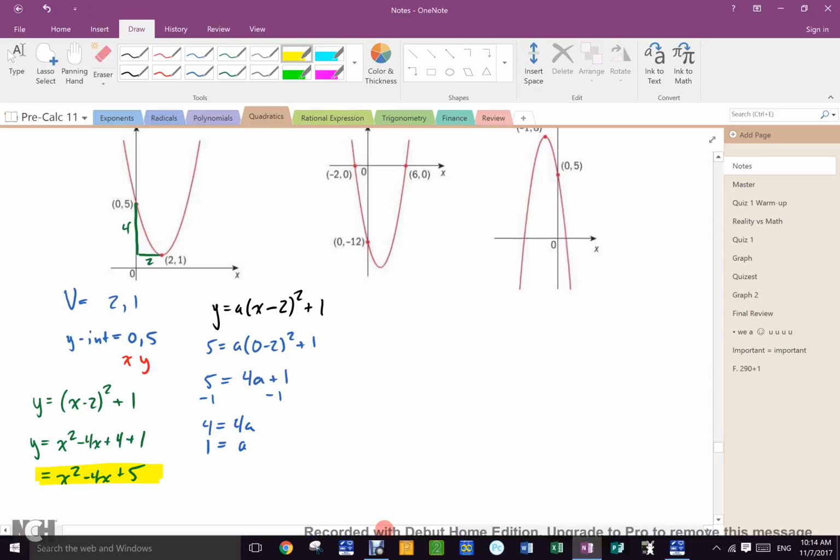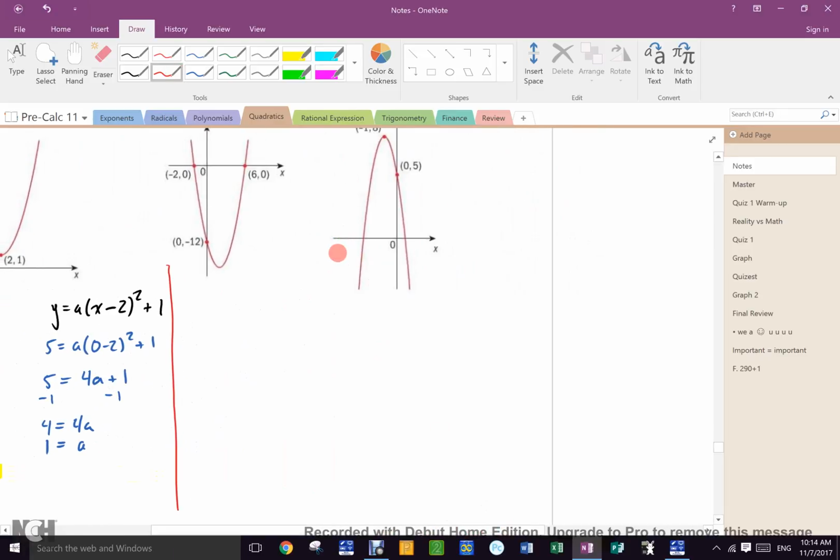Everyone cool? Yeah. Okay. Let's look at 2. What do I know about 2? I have roots. If I look back on page 110, I see that factored form gives me the roots, yes? y equals a(x minus p)(x minus q).